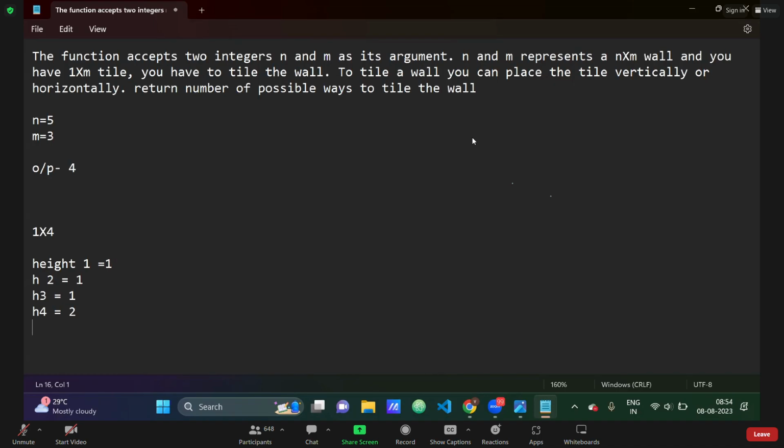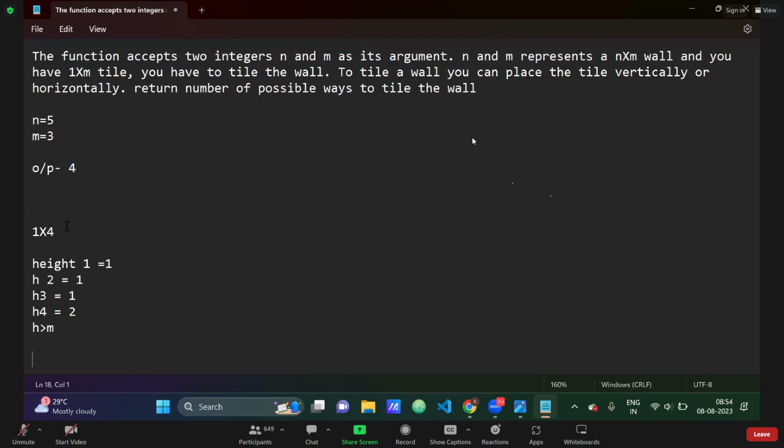Yes, exactly. N minus 1 and another case will be there. If height is greater than m value, what is the condition in this case?